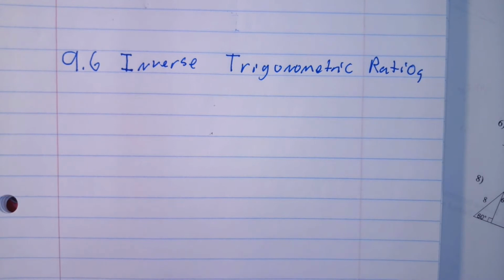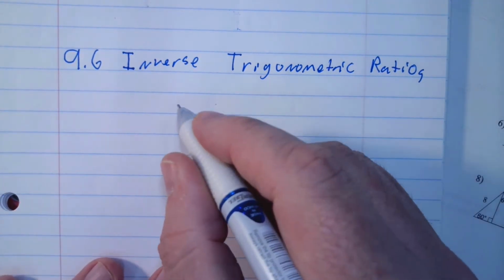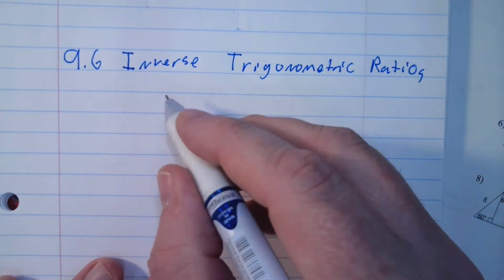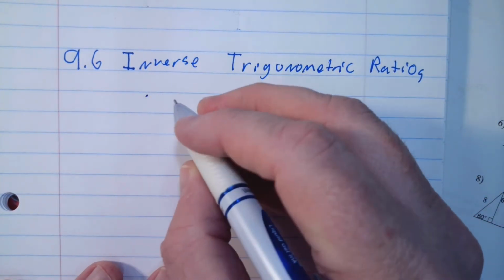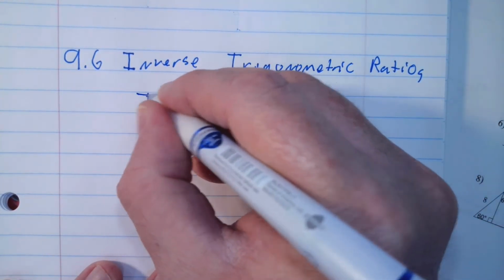That's what we're going to work on. Okay? And so this is how we write our inverses. We're not going to write inverse tangent, inverse sine. We're going to write this.